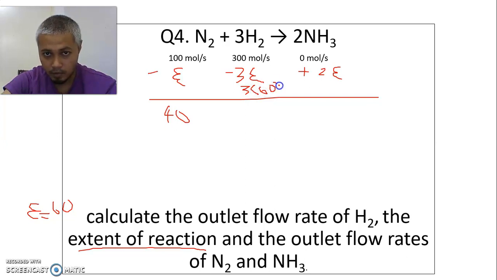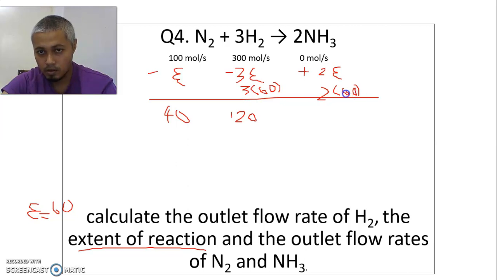Because we have epsilon 60, so 3 times 60 is 180. So 300 minus 180, we have 120 here. Then last but not least, we have 2 times 60. We got 120 for NH3.